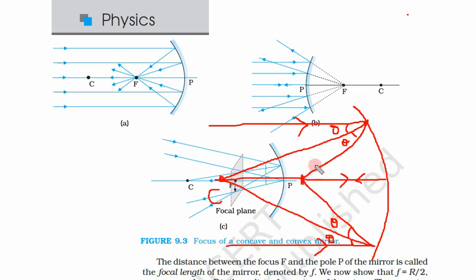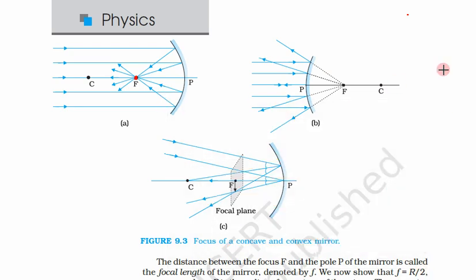The point where all these beams meet is called the focal point or principal focus of this concave mirror.